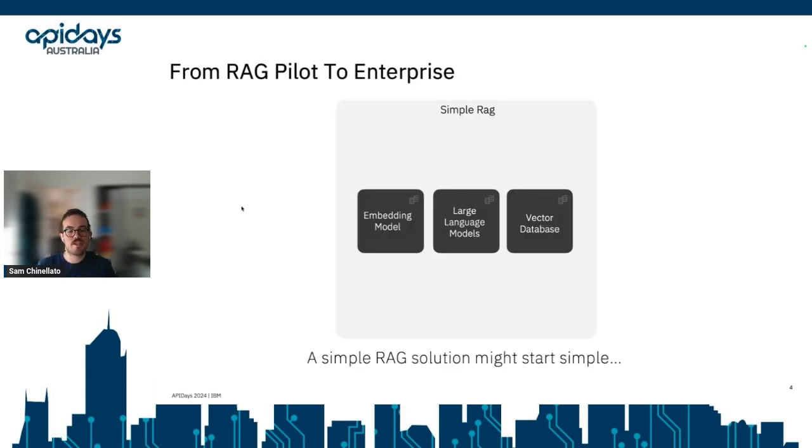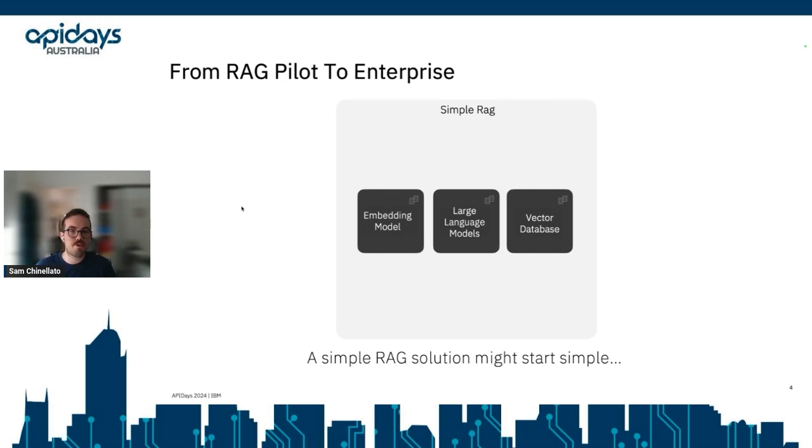Now, of course, all applications start small. And as your application is relatively simple, and maybe a pilot, ensuring no friction between your AI team and your development team, as well as rapid experimentation, is not too much of a problem.